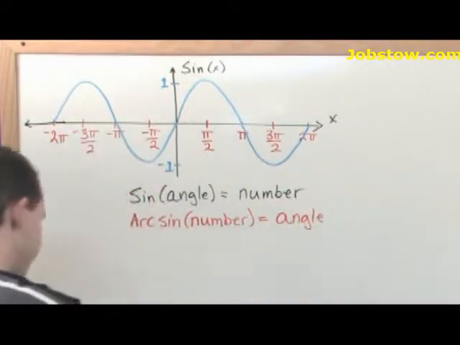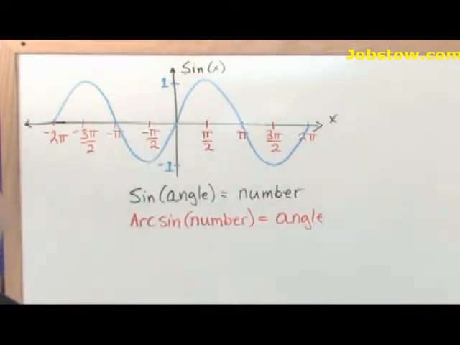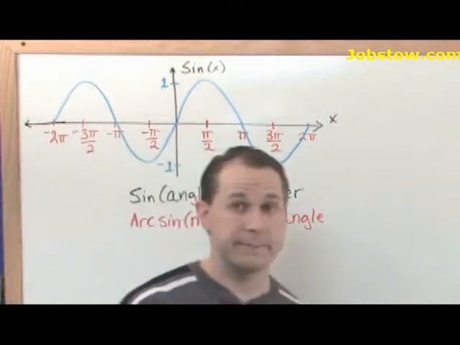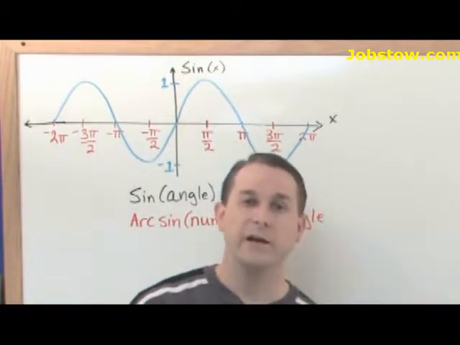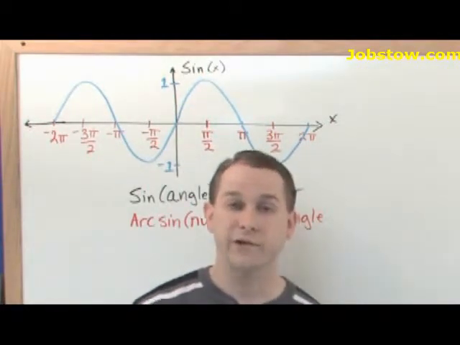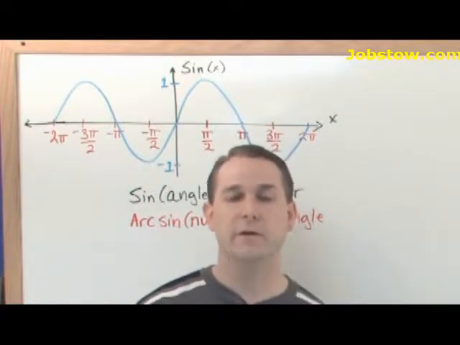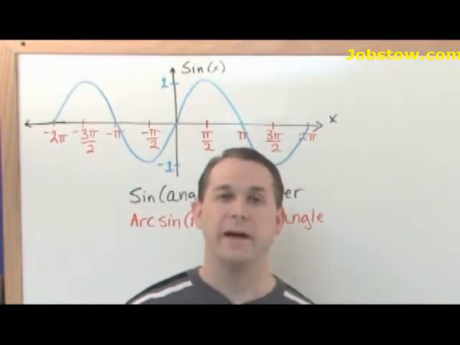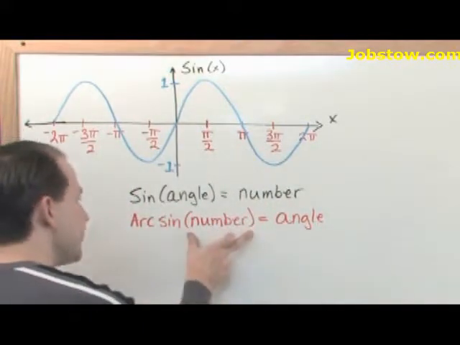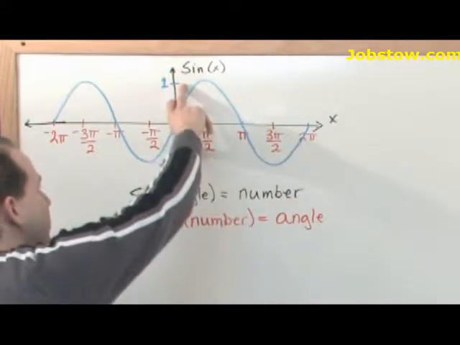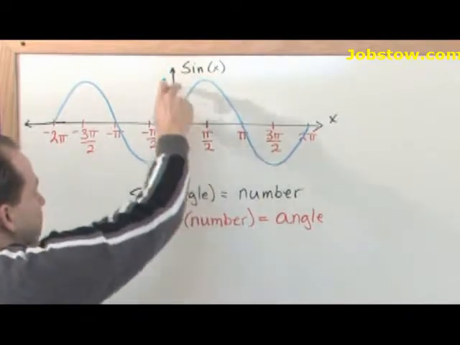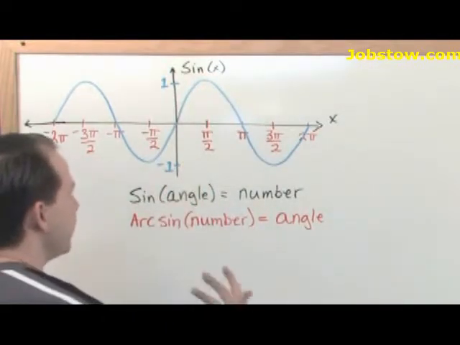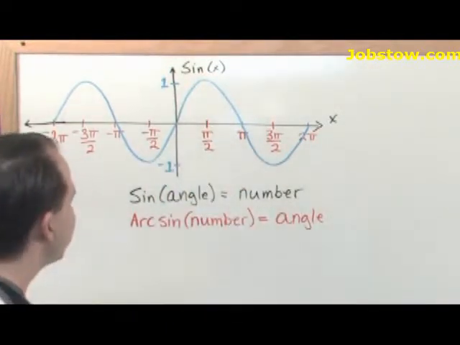So it's an opposite. By analogy, the inverse cosine, the inverse tangent, the inverse cotangent, all of these trig functions have an inverse. They're basically an opposite. They take a number, which must be between positive and negative 1, and map it and return an angle to you. So it's exactly the opposite.